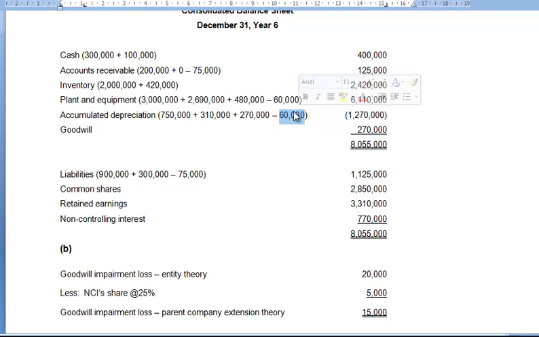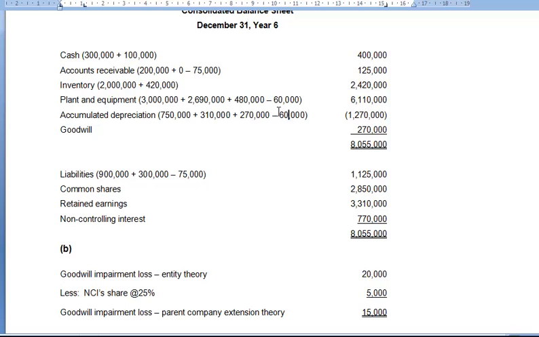Remember, under the acquisition method of preparing consolidated statements, you're picking up the carrying value of the sub, right? Plus the fair value increments. So you're picking up fair value of what you think the sub's assets and liabilities are worth, right? So if you really think about it, any of that accumulated depreciation you're not picking up, right?